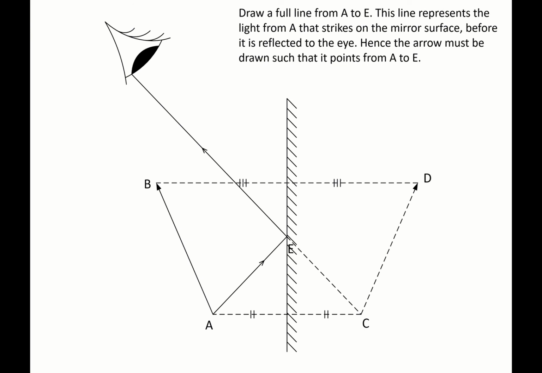So draw the full line from A to E. Also, since the light ray is reflected to the eye from the mirror surface, that means the direction of the light ray must be from A onto the mirror, and hence note the direction as represented by the arrow.